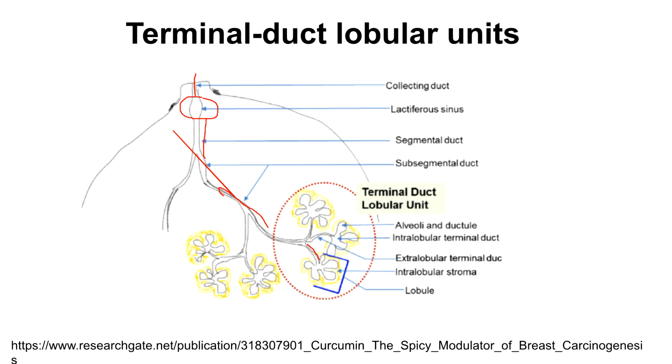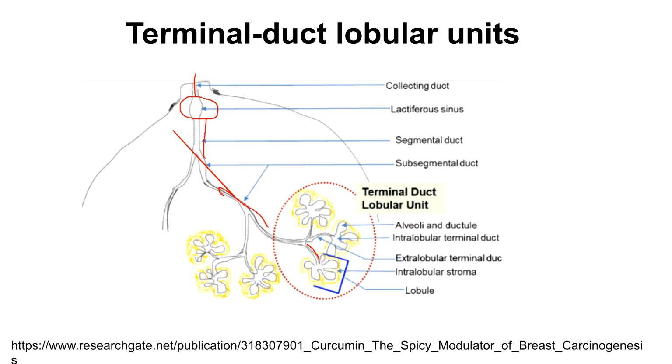So each little lobe, or several lobes forming a big lobe, will connect to what we call an extralobular terminal duct that will follow with a segmental duct.